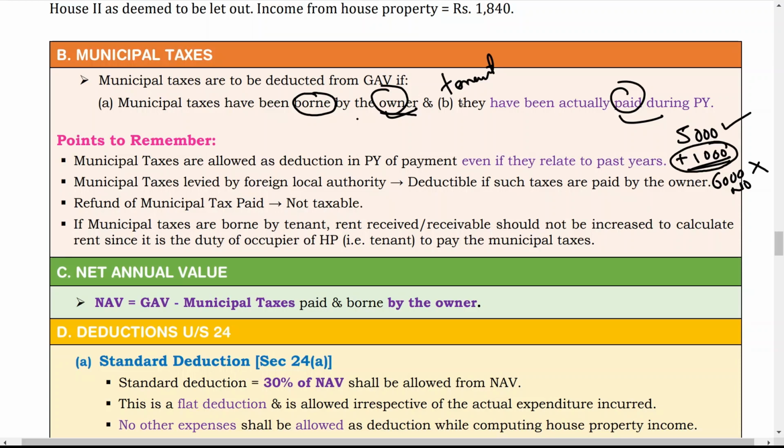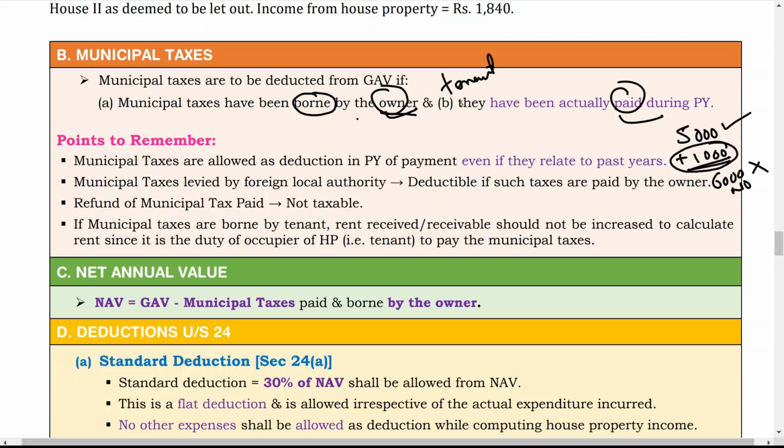So you don't have to increase your income by 1,000. In that case also your income remains 5,000 only.